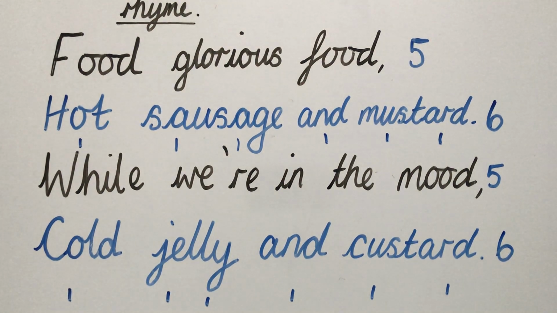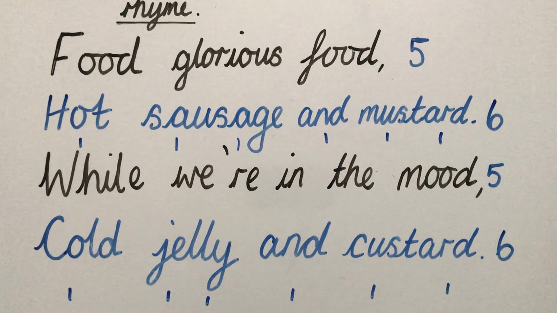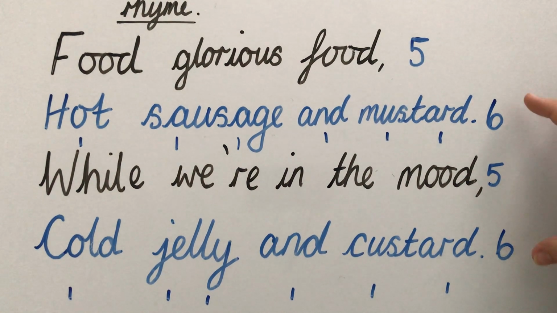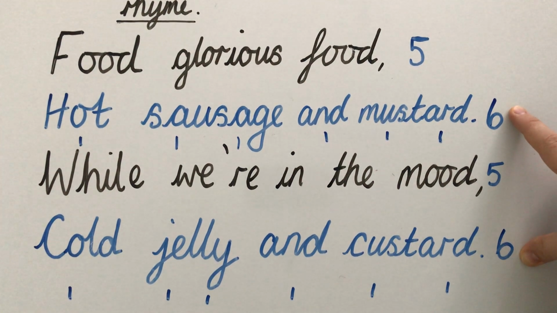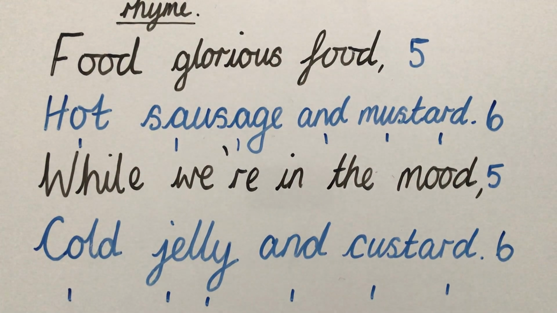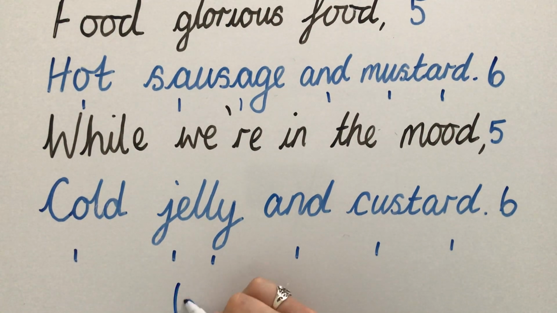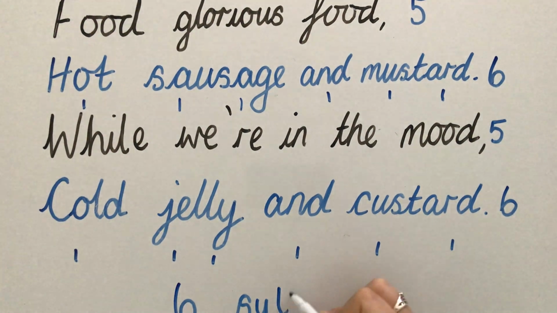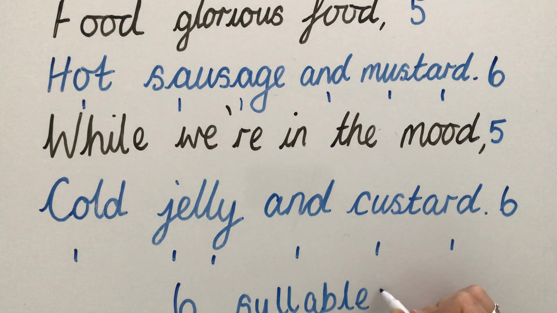Now, when you come to rewriting your lyrics, you need to try and match up the sentences that you change with the number of syllables that they've got. These 2 lines are going to be lines that we change, and they've both got 6 syllables. So we need to remember the lyrics that we change need to have 6 syllables in each line.